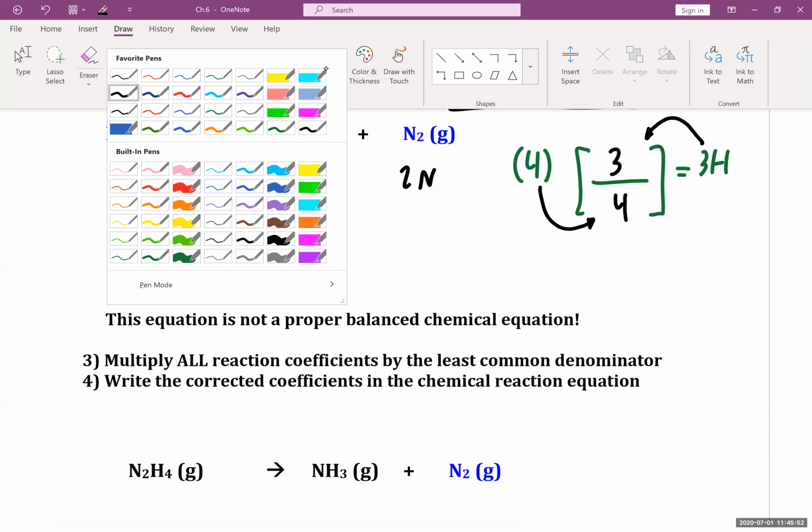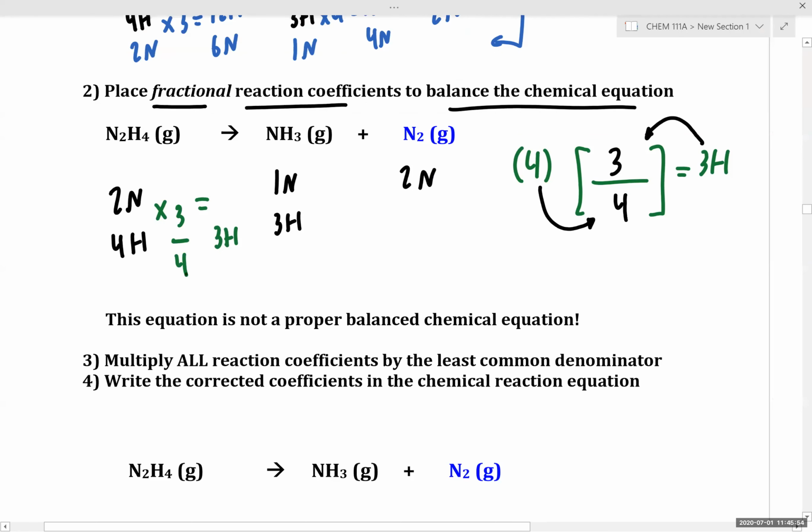And you may say, haven't you just made a mess of things? Well, we have, in a sense, that now we have 6/4 nitrogens and 3 hydrogens. So now we have to play another guessing game.